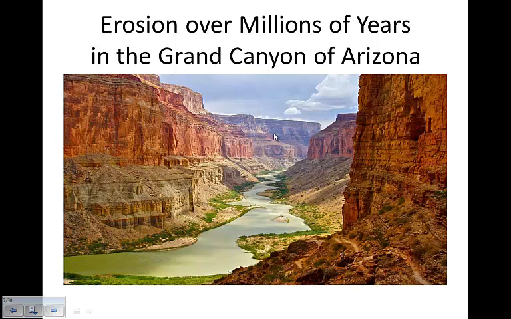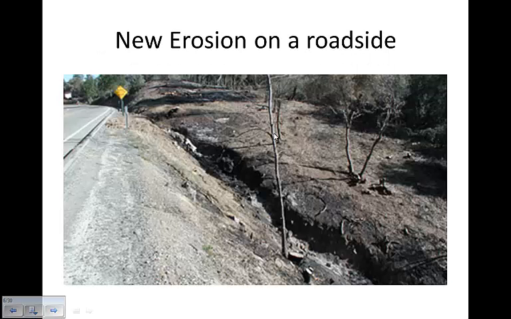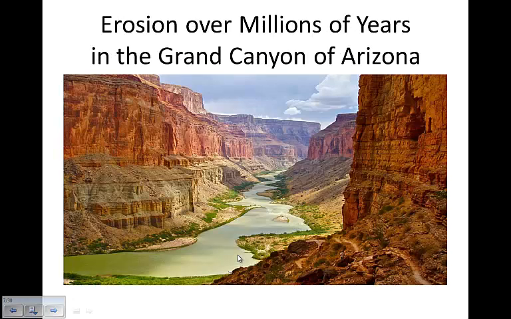But certainly it would make sense that if we know how long it takes for something to erode in our present day, since we can observe it, then we can extrapolate and come up with the possibility that the canyon must be millions of years old.